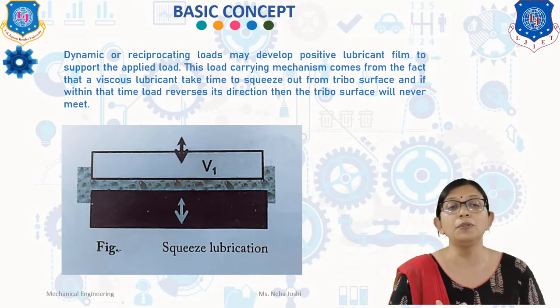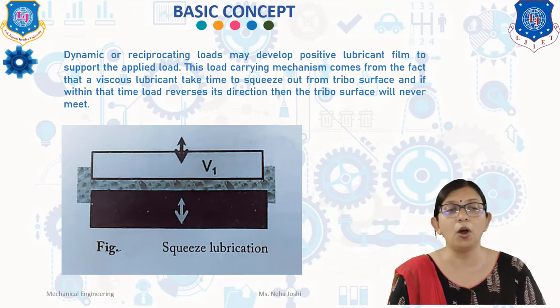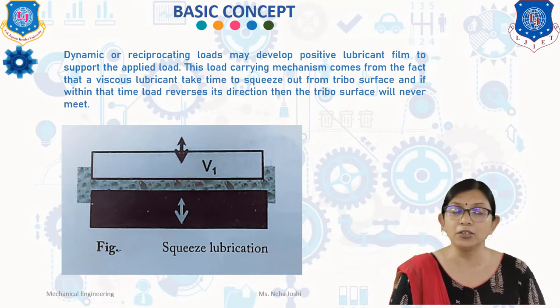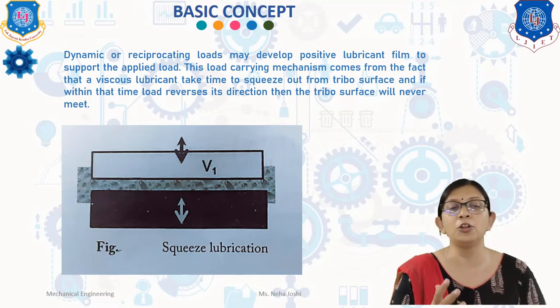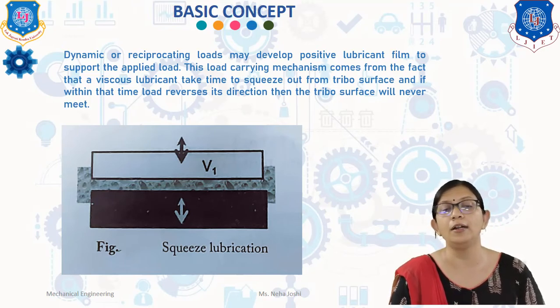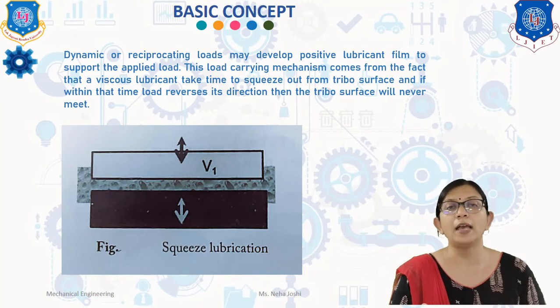So in the remainder of the chapter, analysis of squeeze film action is presented. One interesting example of squeeze film lubrication is the dynamically loaded journal bearing used in aircraft and automotive engines. Under dynamic conditions, these bearings safely carry greater load than under unidirectional loads.